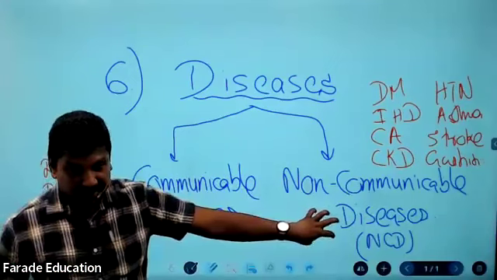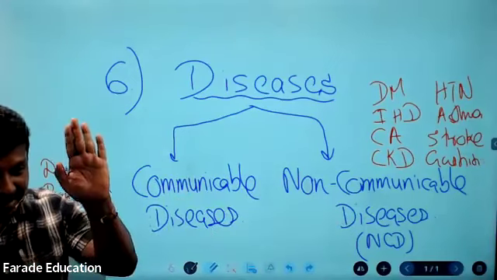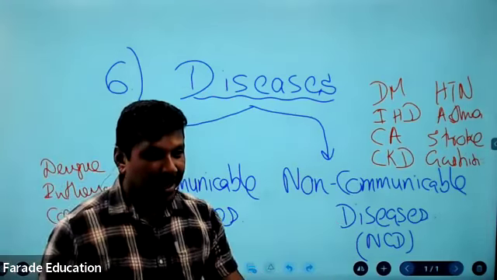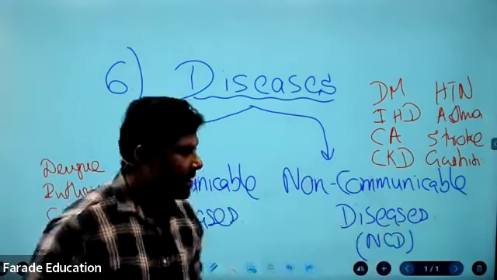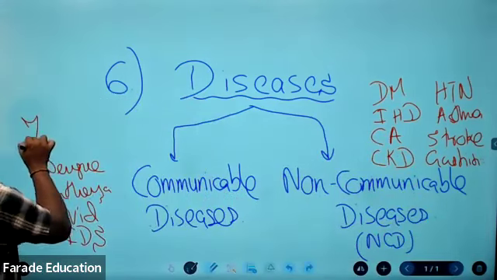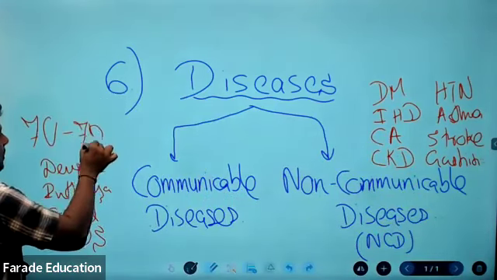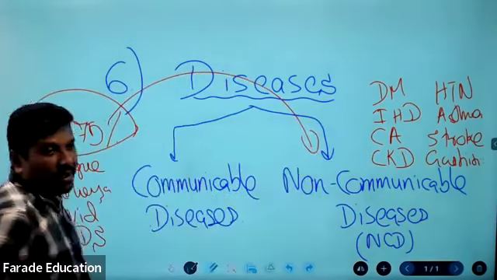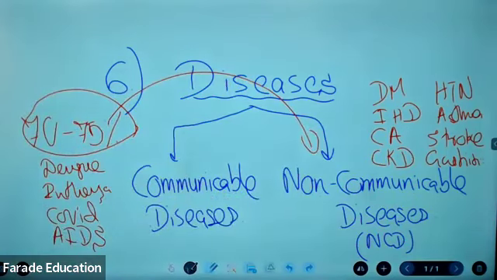You know why? If you take the death list globally and locally, right? Majority of the people, about 70 to 75% of the people die because of common non-communicable disease.